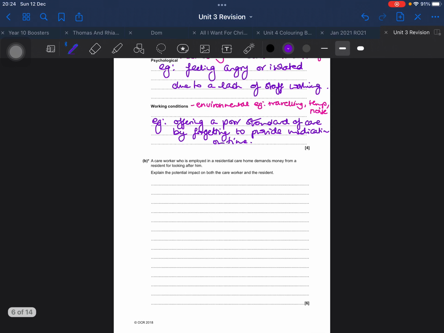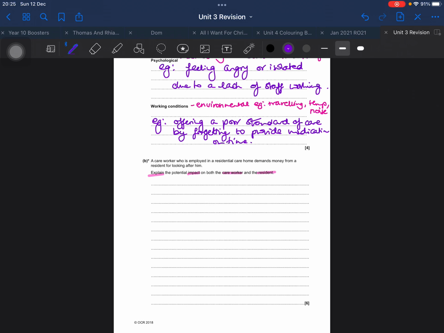Okay, question B. A care worker who is employed in a residential home demands money from a resident for looking after him. Explain the potential impact on both the care worker and the resident. So we've got two ways that we need to approach this question to make sure that we meet the levels. So this is split into two levels.